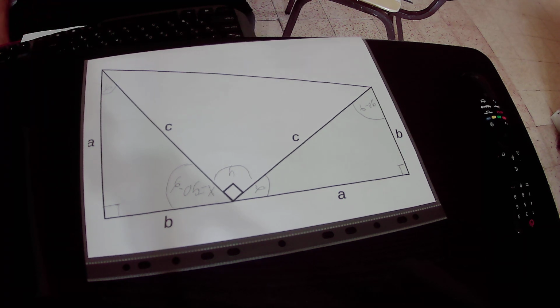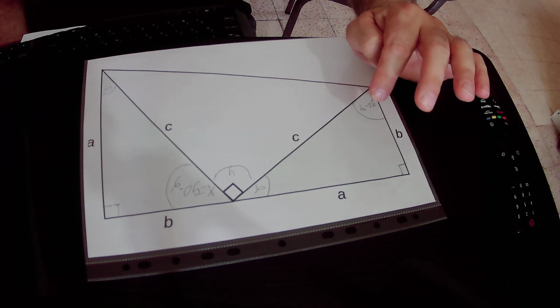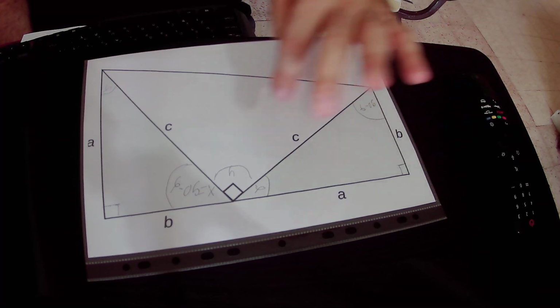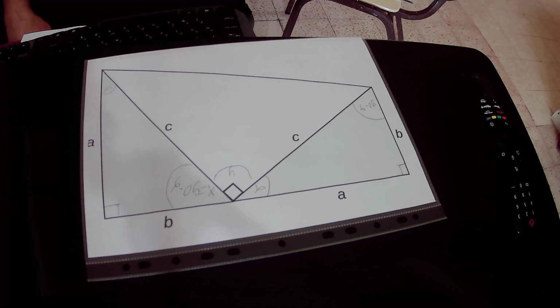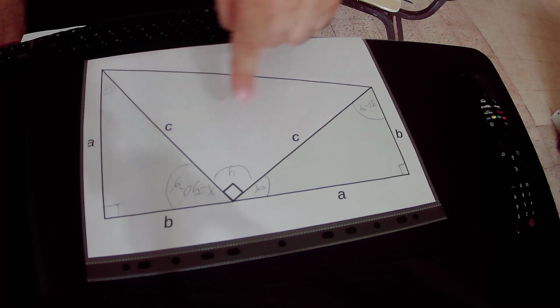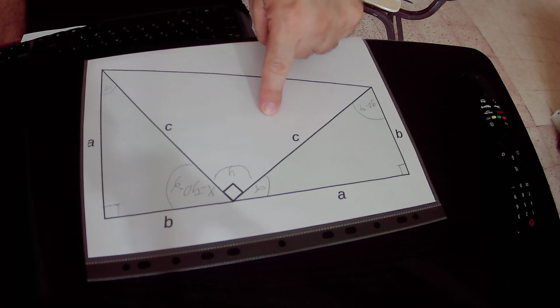So in total, the sum of the areas of the three triangles will be A times B divided by 2 plus A times B divided by 2 plus C squared divided by 2.